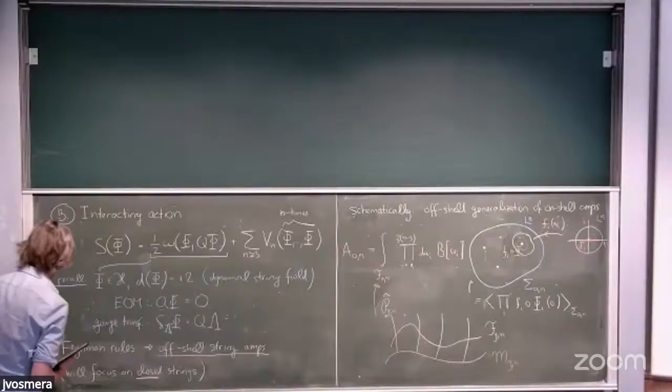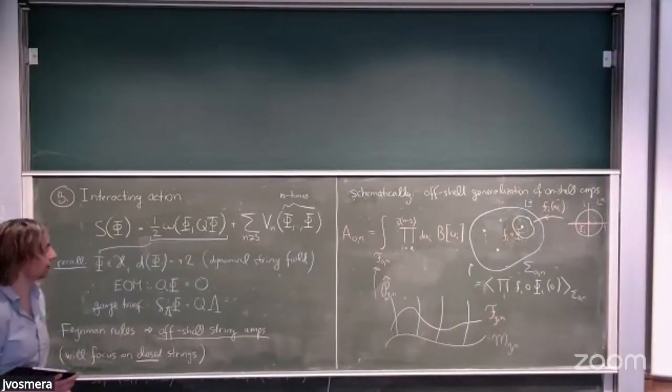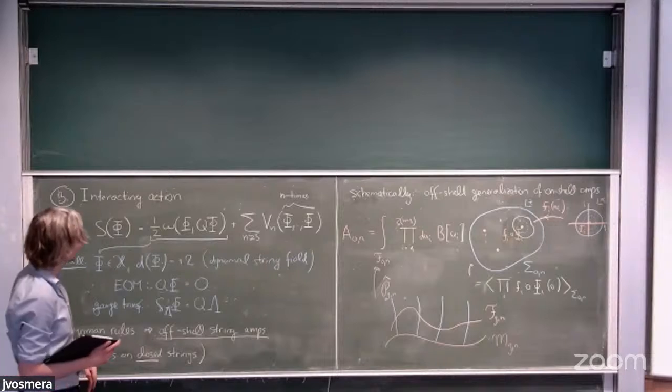Thank you. So as Daniel said, I will start exactly where we finished the last time. Remember, last time we finished by constructing the free part of the string field theory action, that is the kinetic term, right?